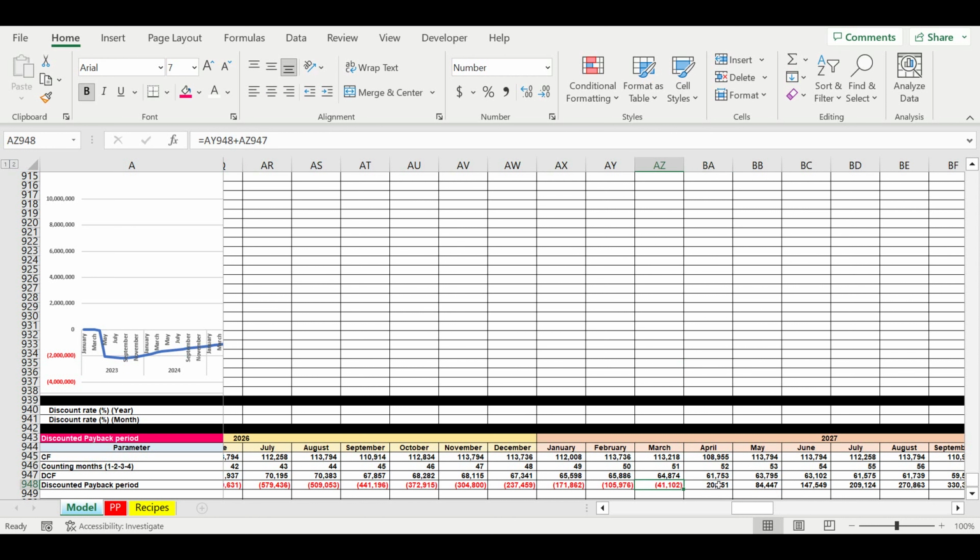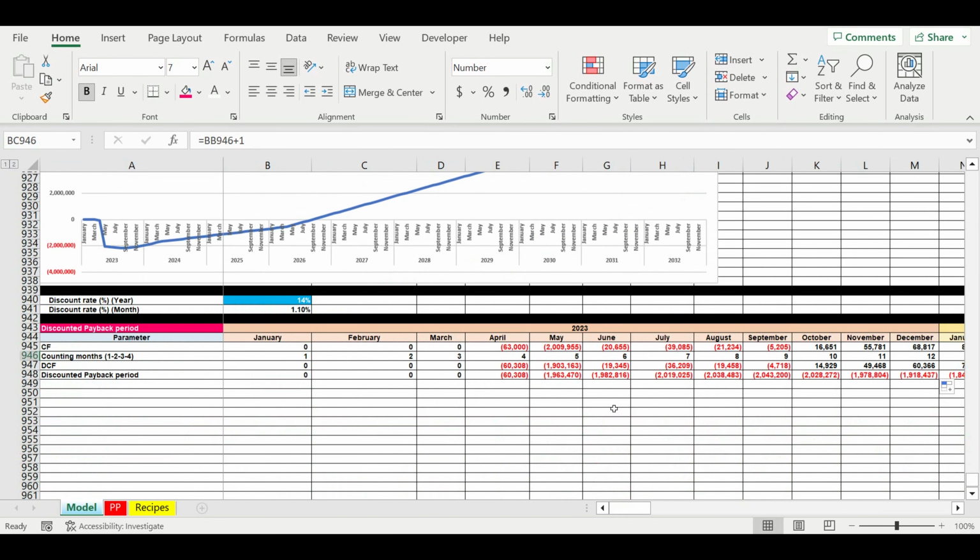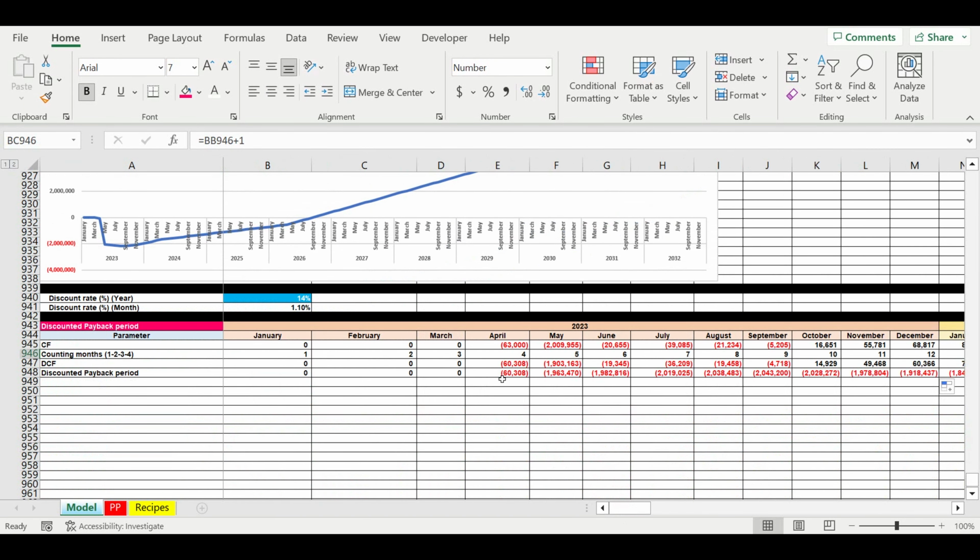And if we want to count months to know what is the actual value of the discounted payback period in months, we just need to count the months with negative values here. So this will be discounted.